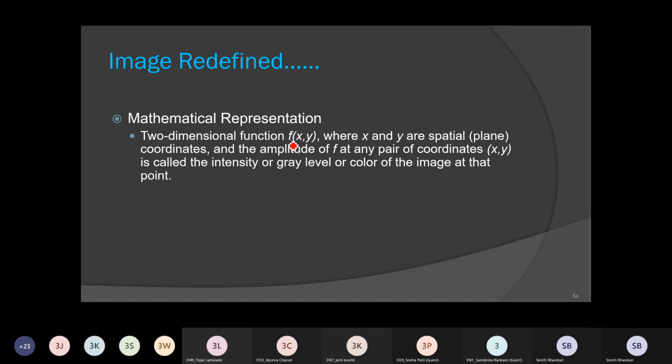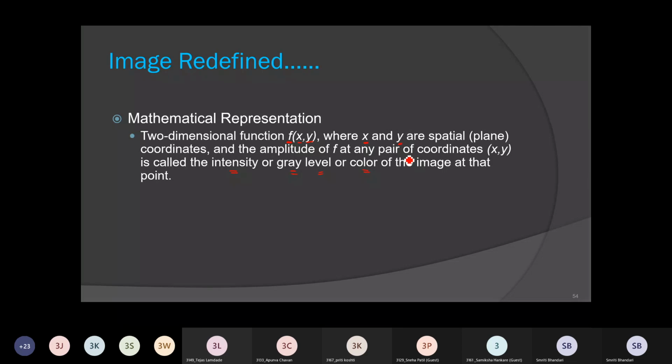It is represented as the function f of two variables x and y, where x and y are the spatial coordinates, and the amplitude of f at any pair of coordinates x comma y is called the intensity or gray level or color of the image at that point.